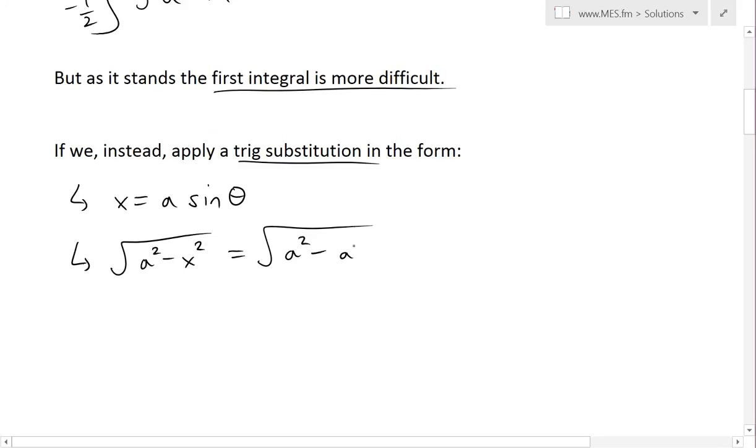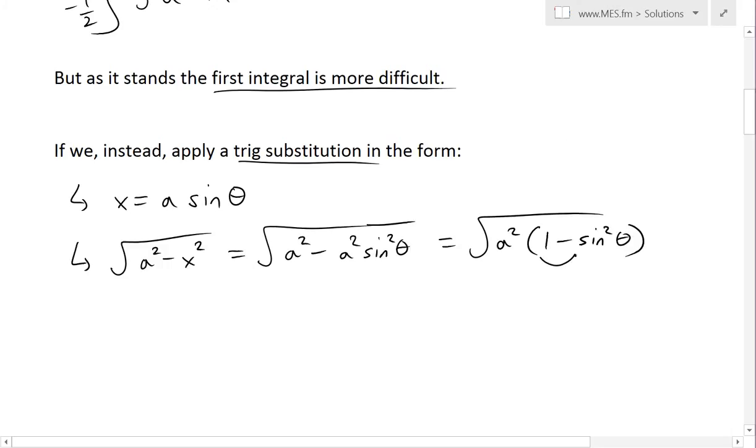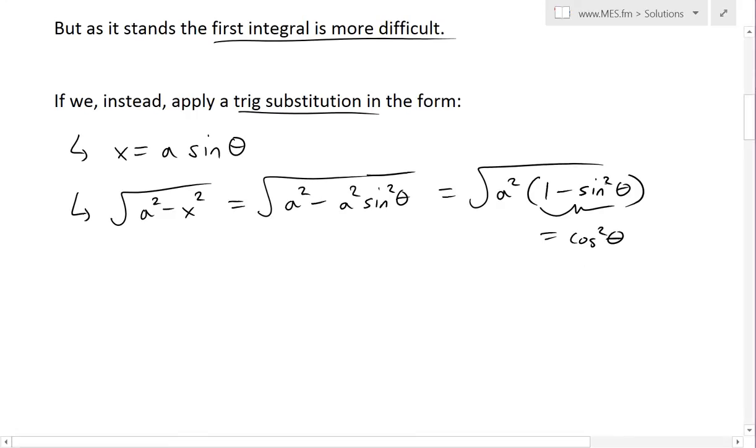Now we can take the a squared out, so this is a squared times 1 minus sine squared theta. Now we can apply the trig identity, and this equals cos squared theta. This is just rearranging the trig identity. So this becomes a squared times cos squared theta.